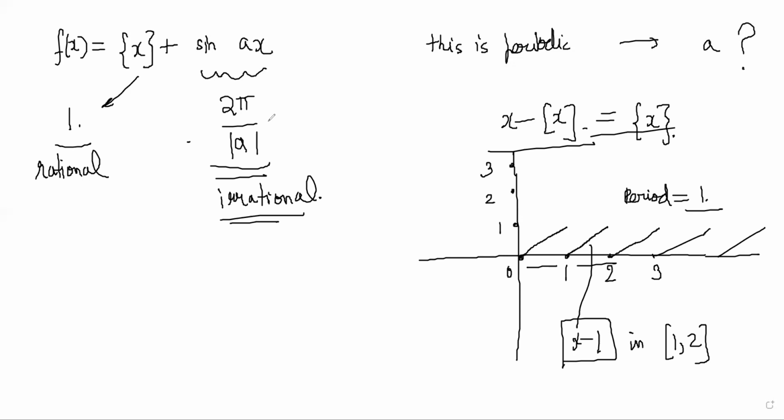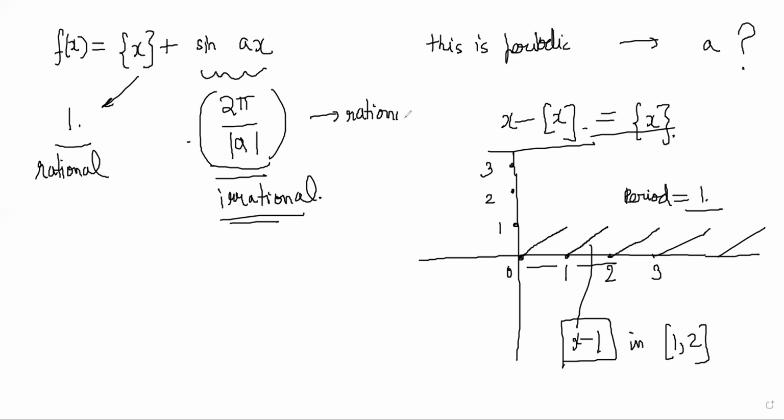How will you take the lowest common multiple of rational and irrational? An irrational number's multiple should be irrational, and a rational number's multiple should be rational. So the only possibility is that somehow this is also rational.